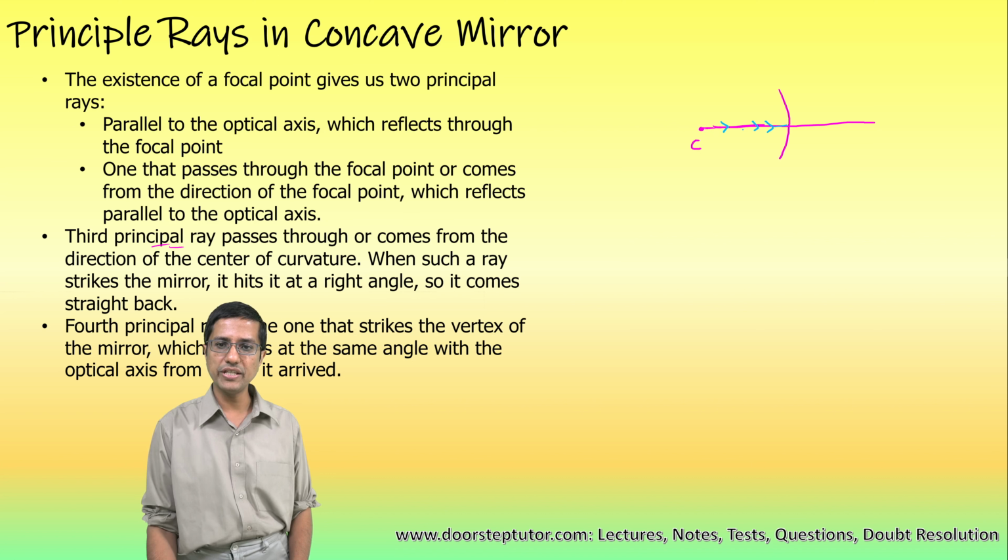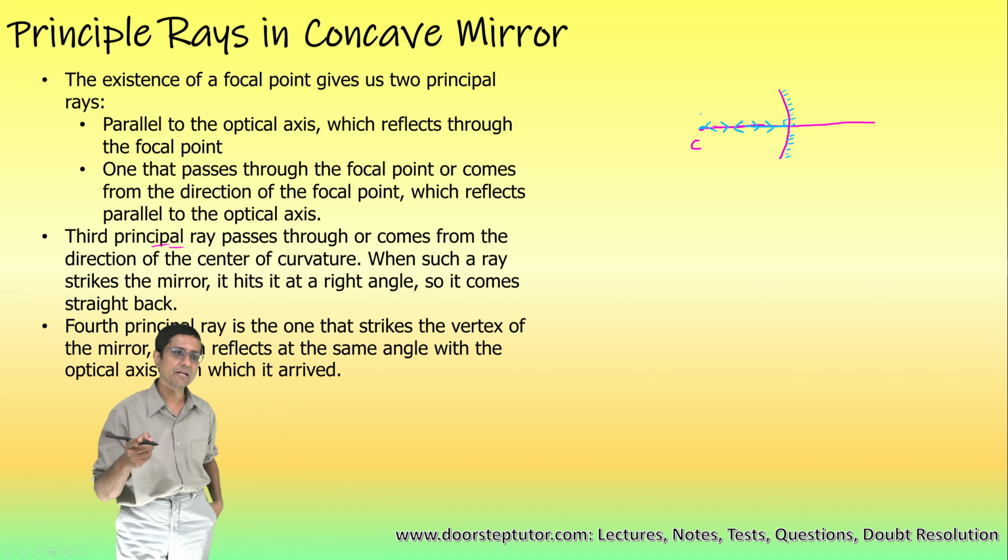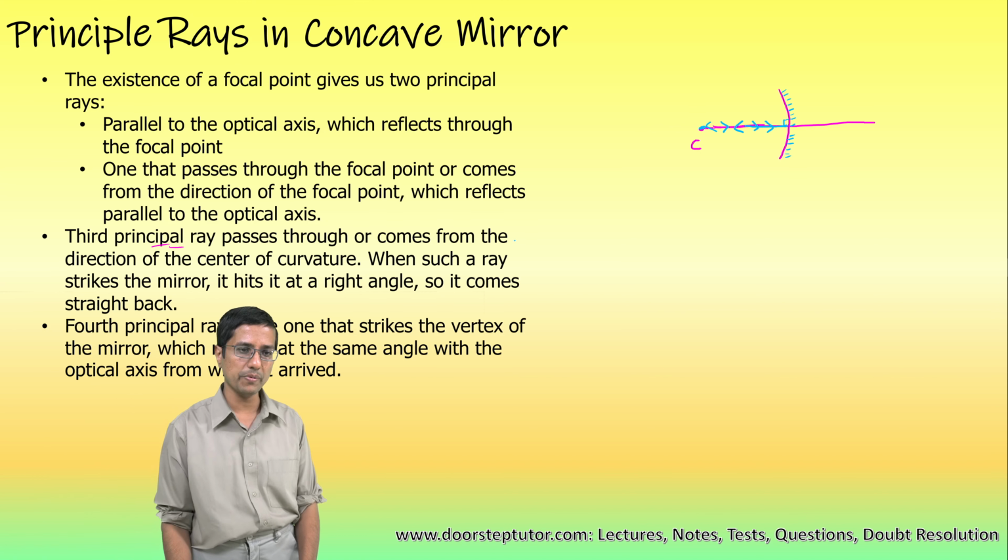Because this is the radius of this entire sphere, the angle at which this ray would be incident would be 90 degrees, and therefore it would be reflected back at the same angle. So tracing this ray from the center of curvature along the principal axis becomes very easy. This is one of our principal rays.